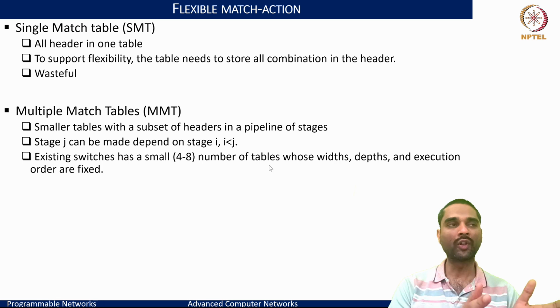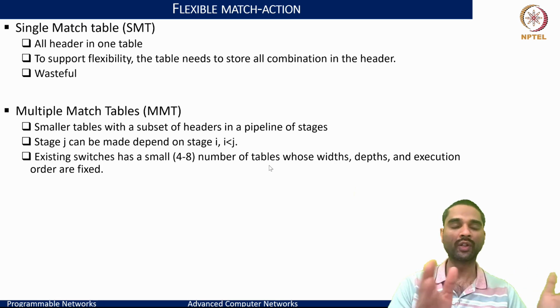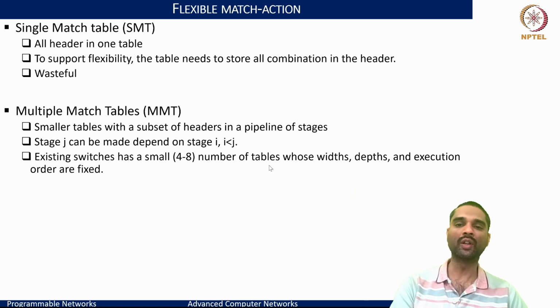And also you would save a lot of space, because now different tables can be configured based on the width of the number of bits that each table needs to check.